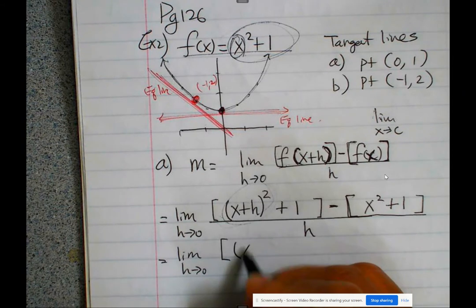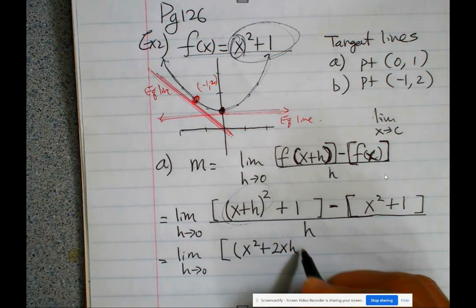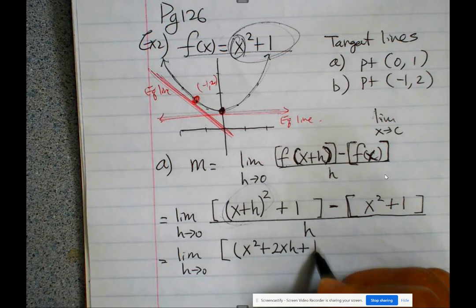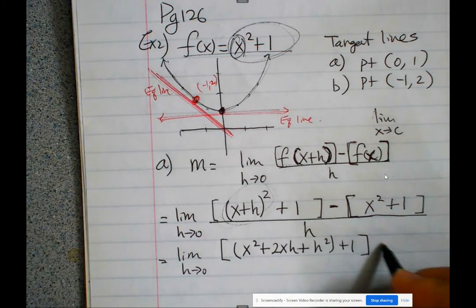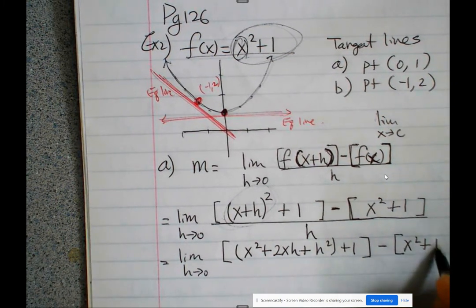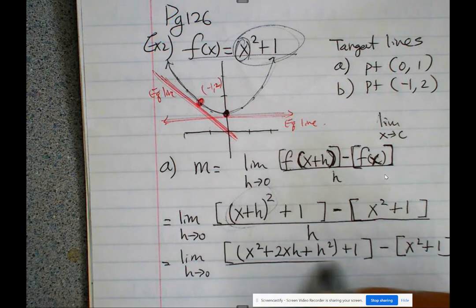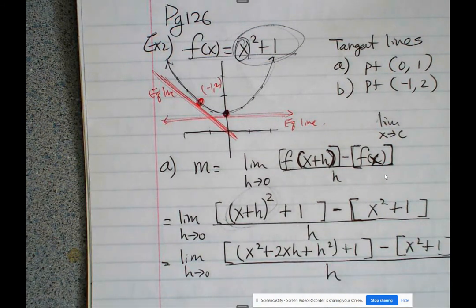X squared plus 2xh plus h squared, plus 1, and close the bracket, minus bracket x squared plus 1, all over h. I'll give you time to copy that.